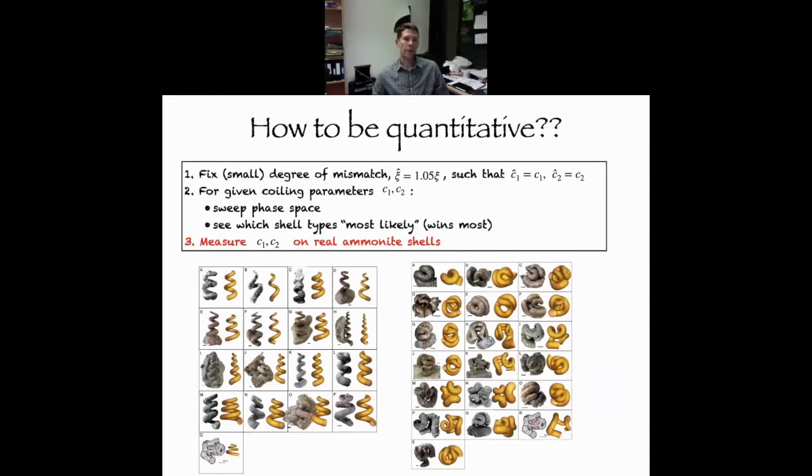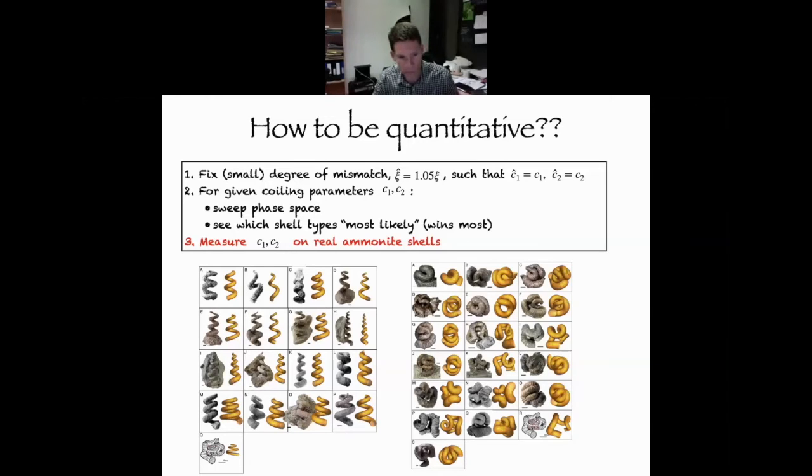So having done that, what we can now do is take lots of these non-planar ammonite shells, and for each one, I fit my model, my geometry, to the image of the shell, which is a way for me to extract the coiling parameters of those shells.